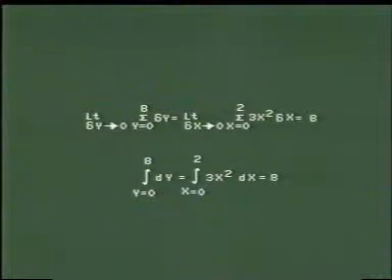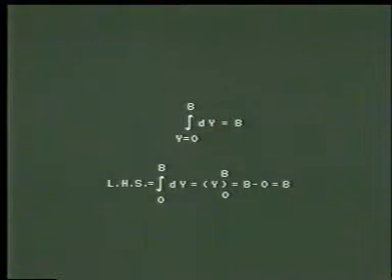From above, integral of dy when y varies from 0 to 8 is equal to 8. Now, left hand side is equal to integral of dy, limits varies from 0 to 8, is equal to y varies from 0 to 8, which is equal to 8 minus 0 or 8.